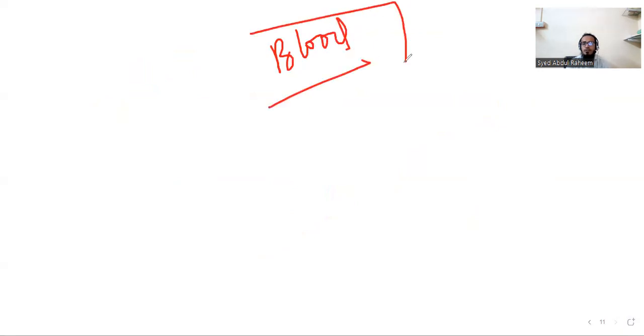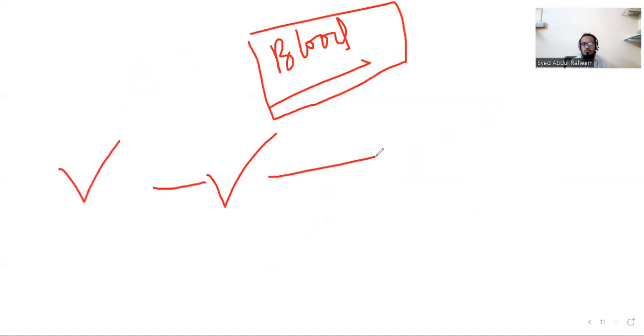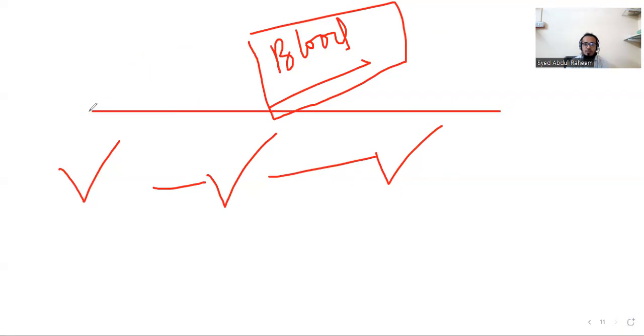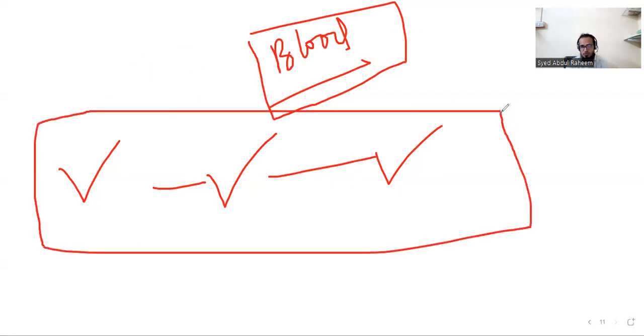Its main work is to cure all the problems of blood. It will work not only on blood producing organs, but also blood circulating organs and blood purifying organs. It will work on all these 3 issues. So this is the common remedy.